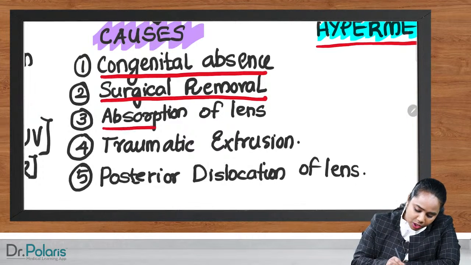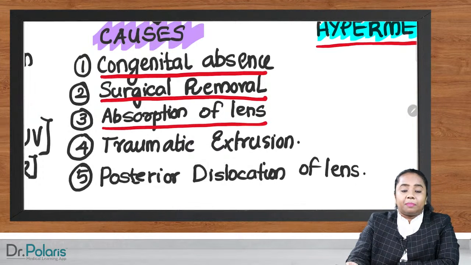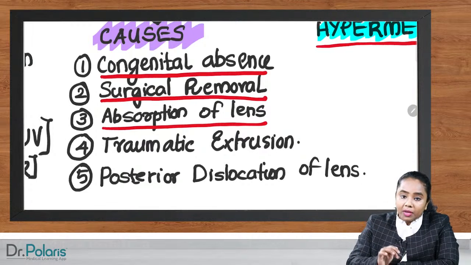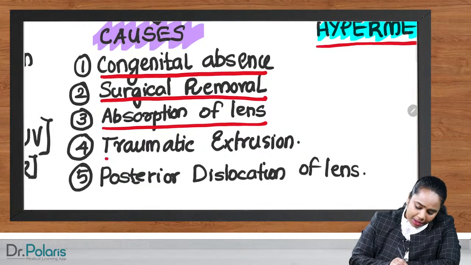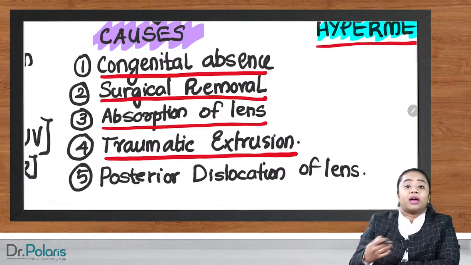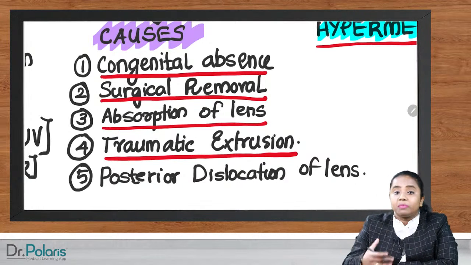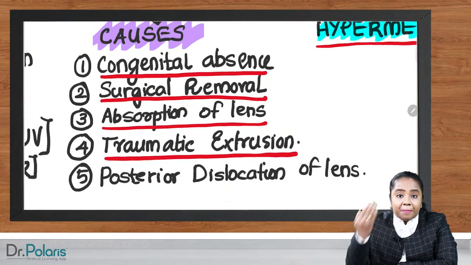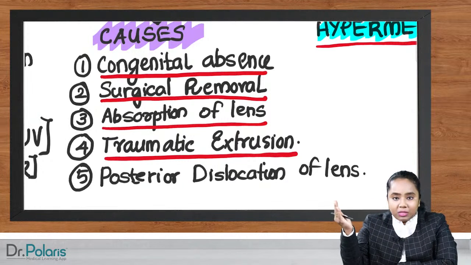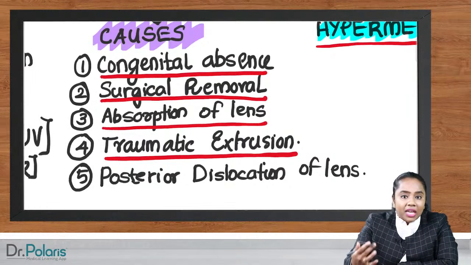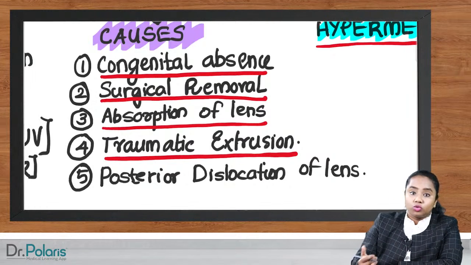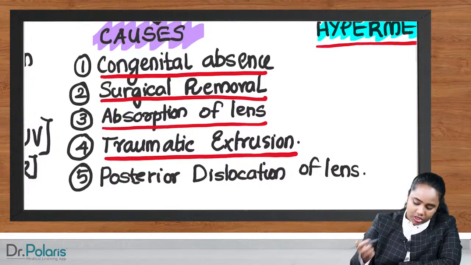A complete absorption of the lens matter occurs in some patients, and because of that, the patient can become aphakic. Then there can be a traumatic extrusion. Some kind of trauma has occurred to the eye, and because of the impact, the lens which is to be placed in the pupillary area has been displaced or completely destroyed. That is the fourth one, the traumatic extrusion.